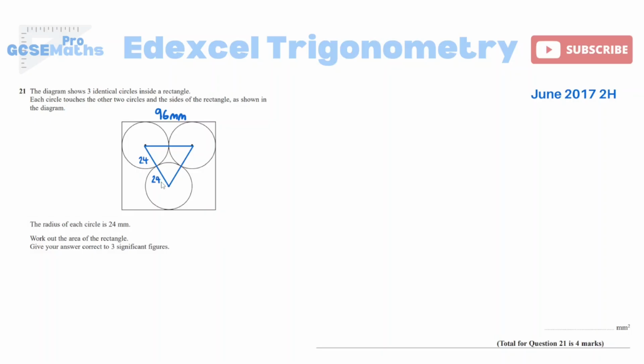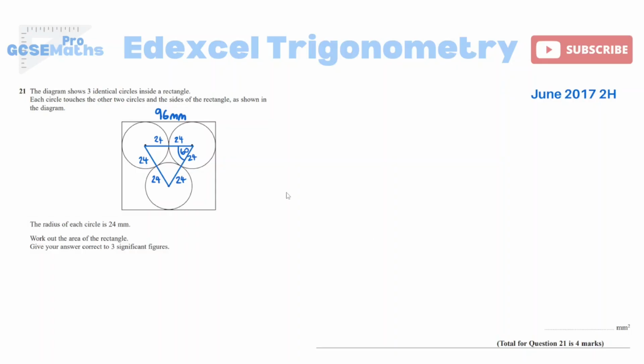Same here, another radius, another radius, another radius, and so on. You get the point. So we know it's an equilateral triangle. What do we know about equilateral triangles? Obviously, apart from all the sides are the same, all the angles are the same. So we know that this would be 60 degrees, just like our previous question. 180 divided by 3 is 60. And then we know the side lengths would be 2 lots of 24.